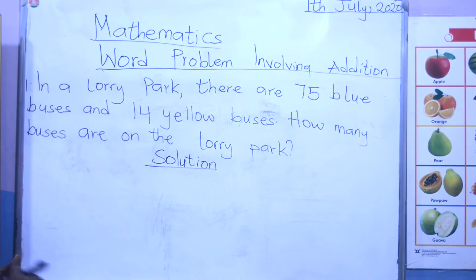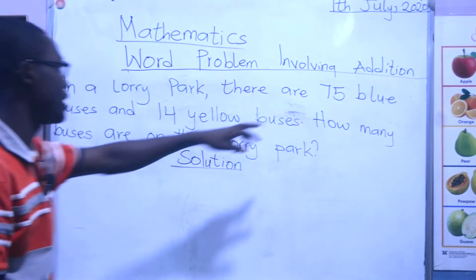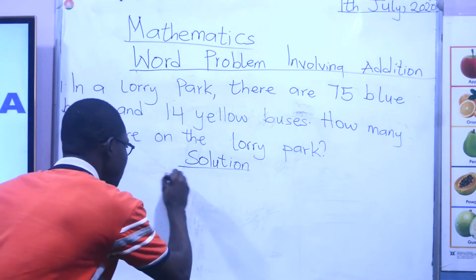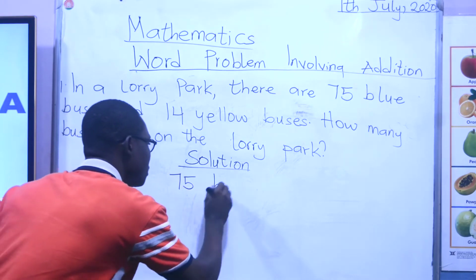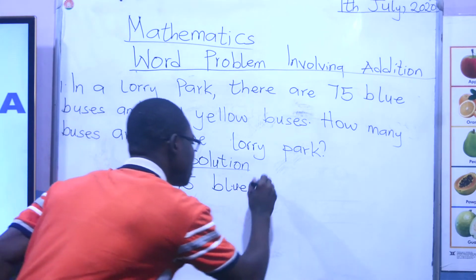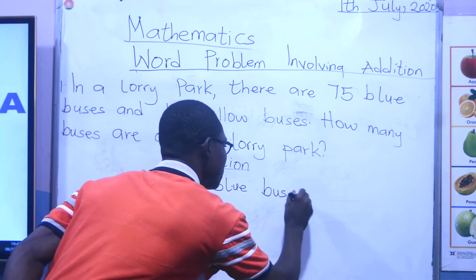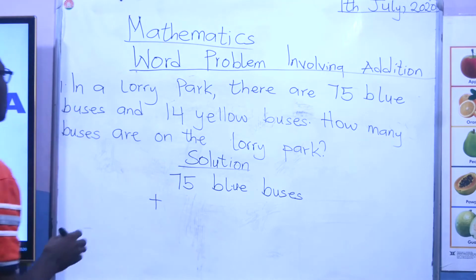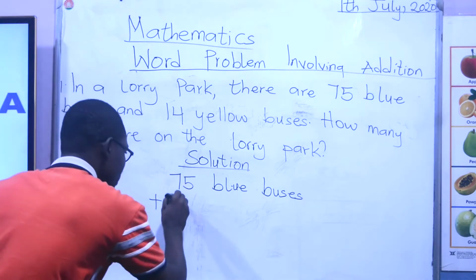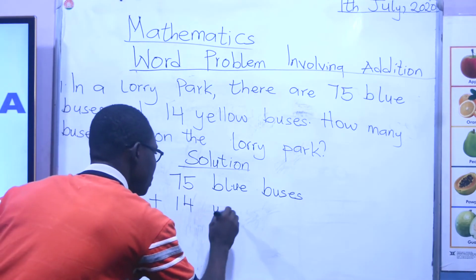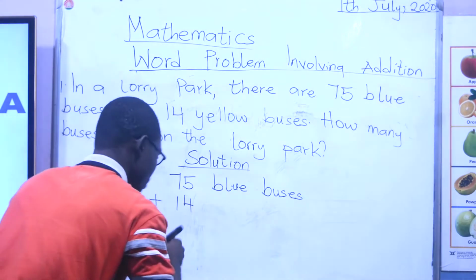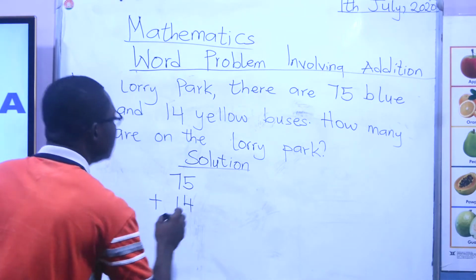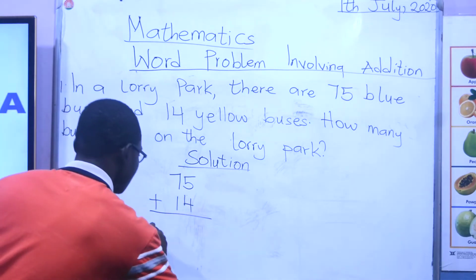So let's do it the simple way. First we have 75 blue buses. So you write your 75 blue buses, plus 14 yellow buses.